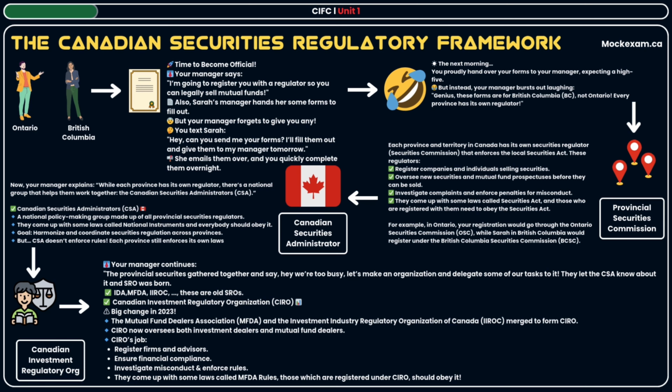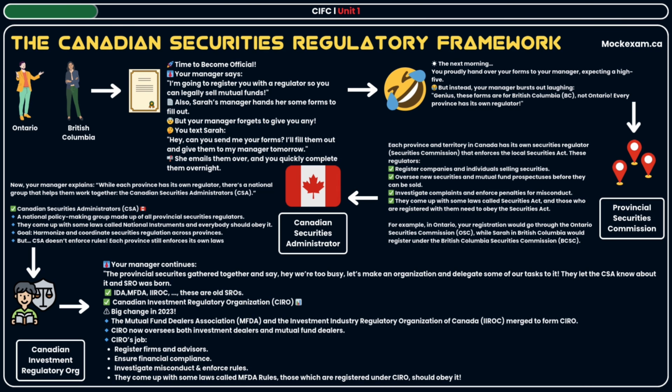So let's wrap it up so far. Every province has their own Provincial Securities Commission. They have a bunch of laws, and that bunch of laws is called the Securities Act. Then we said that these provinces act independently, but they need an umbrella organization to take care of this coordination.